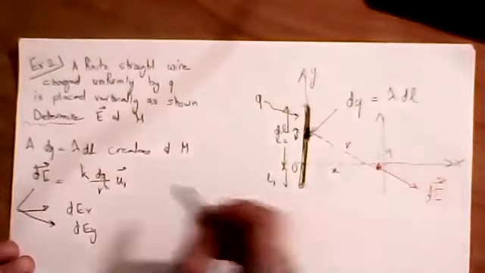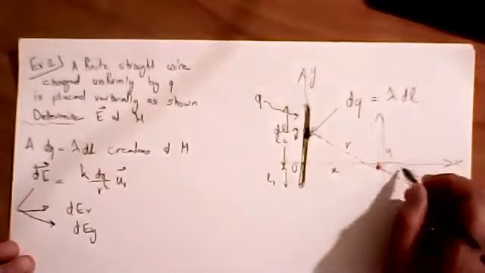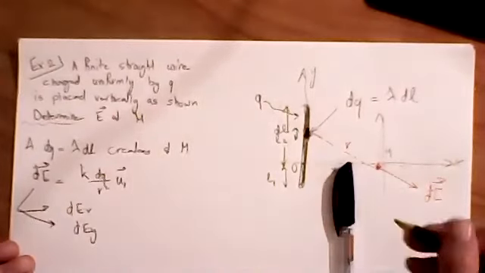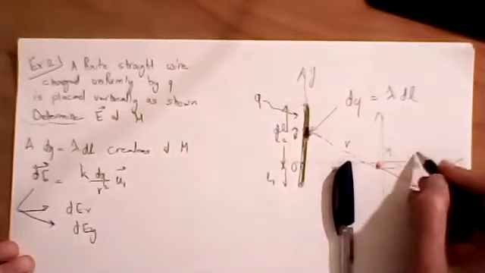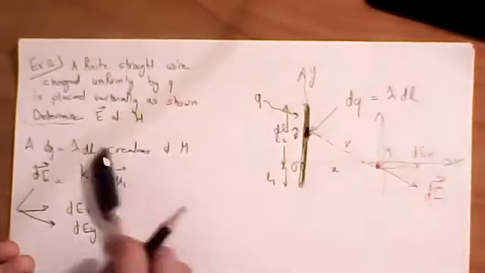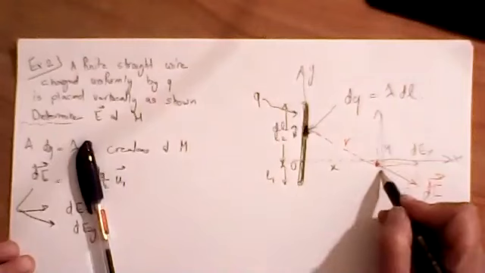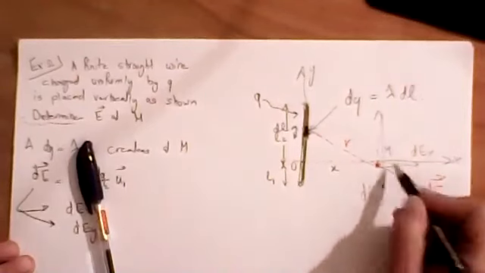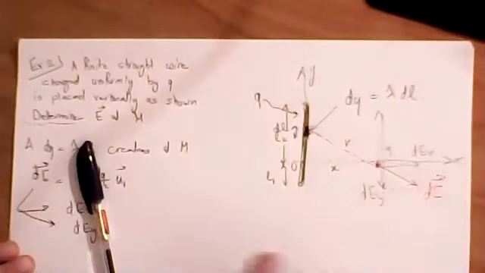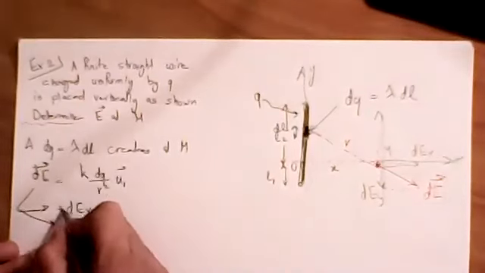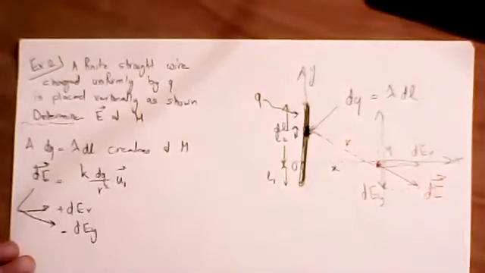If I project this DE, it's this way. This is DEX, and if I project it, this is DEY. Notice this one is positive and this one is negative. So it's a plus DEX and a minus DEY.